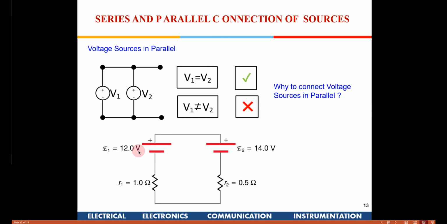If you see lead acid batteries, it is just that some extra bit of charge gets accumulated on those plates because of the external voltage which is applied. So it creates a new potential difference which adds up to it. Something like that.